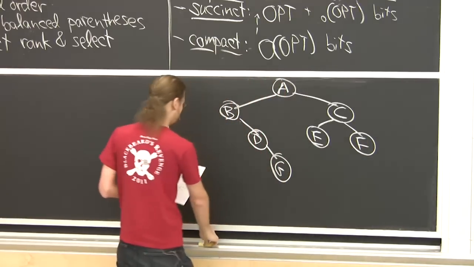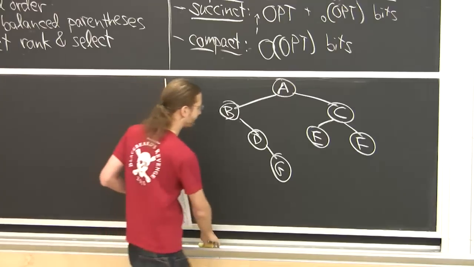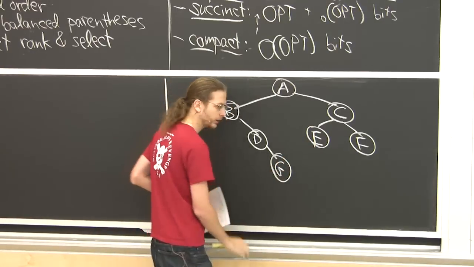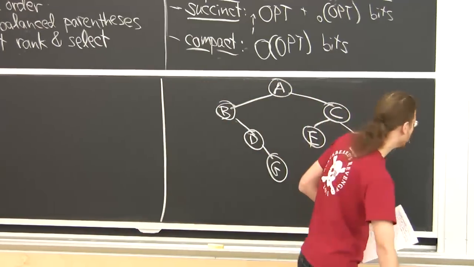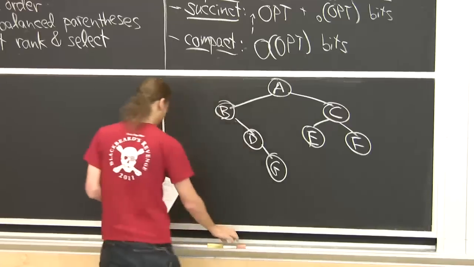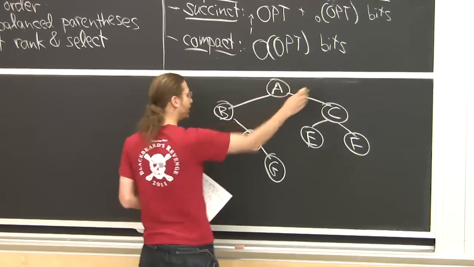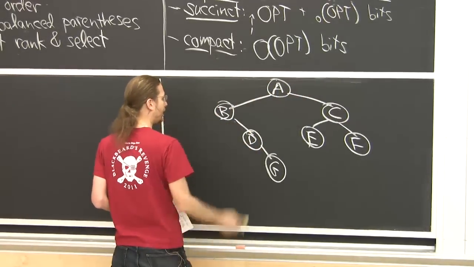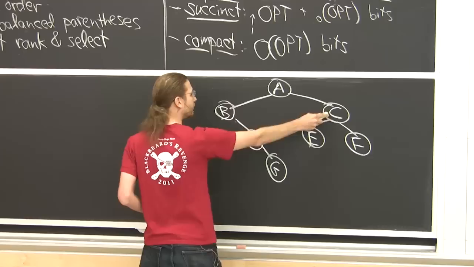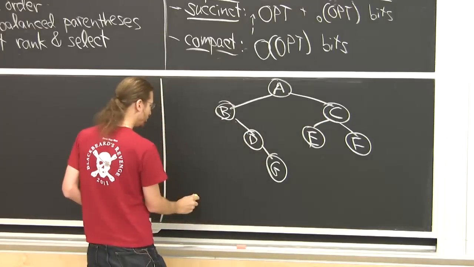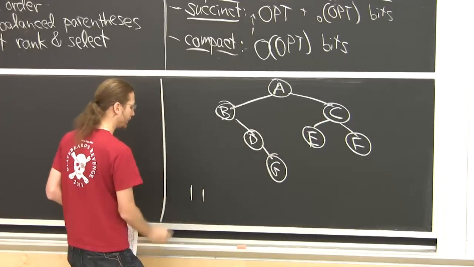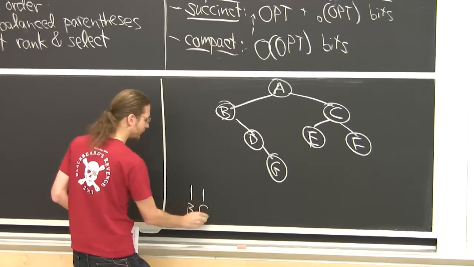So here is a binary trie, and I'm going to write a bit string for it. So first I'm going to look at the top level. I have the node A, has a left child of B, right child of C, so I write 1, 1. And this corresponds to B, this corresponds to C.